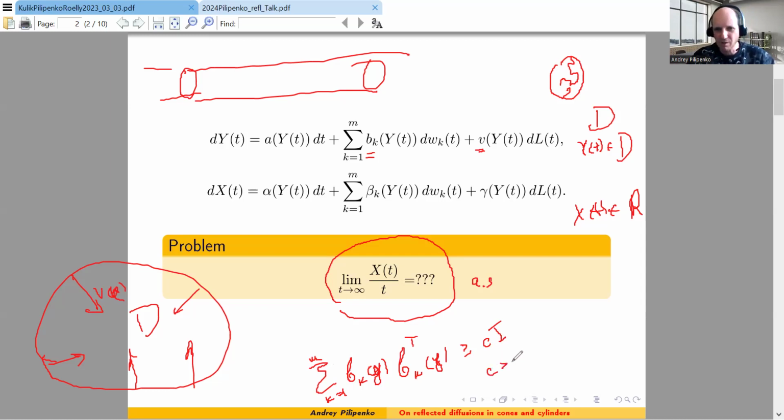The constant C is greater than 1, I is the identity matrix, and I demand this for all Y in D with the same constant C. And it is known that if all coefficients are smooth, then Y is an ergodic Markov process.